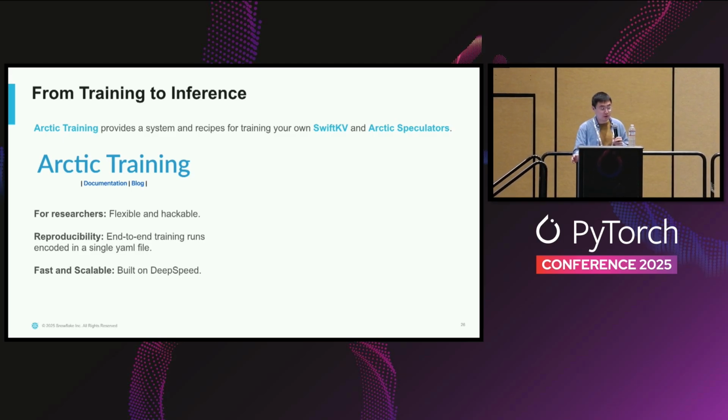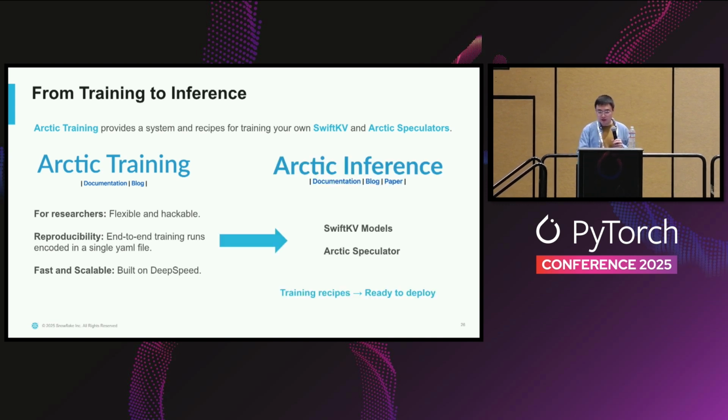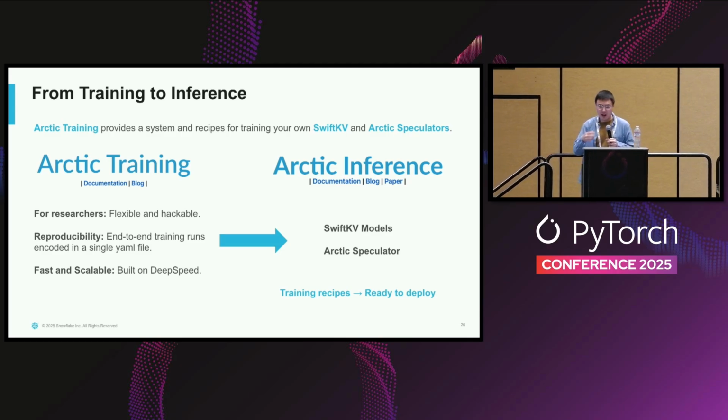So end-to-end training runs in Arctic Training can be encoded in a single YAML file, so they're completely reproducible. And it's also fast and scalable because it's built on top of DeepSpeed. So you can train SwiftKV and Arctic Speculators in Arctic Training by customizing the example recipes that we already provided. And these trained models can be deployed directly in Arctic Inference.